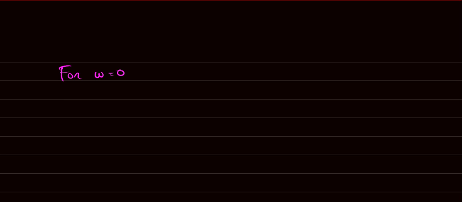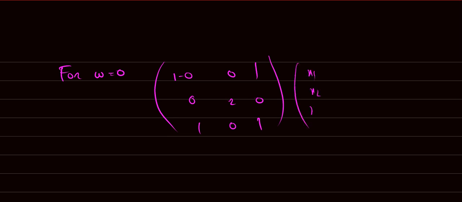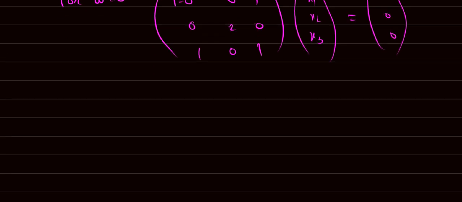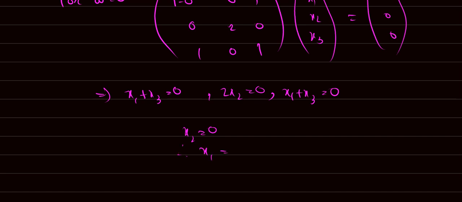So for omega equal to 0, the matrix form is as shown, equal to zero. If we do the matrix multiplication, we find these 3 equations. So x2 is 0 and x1 equals minus x3.